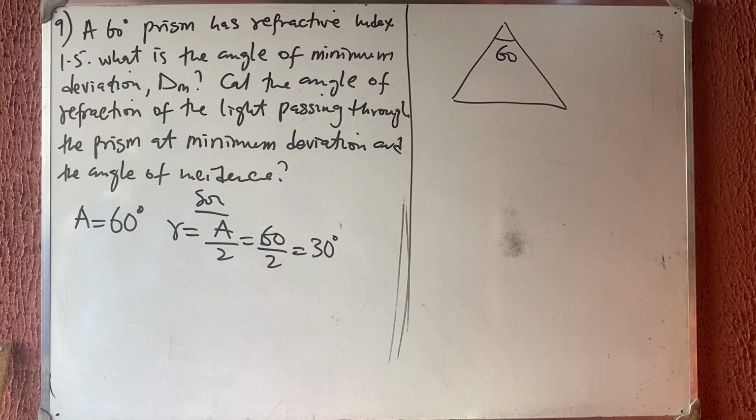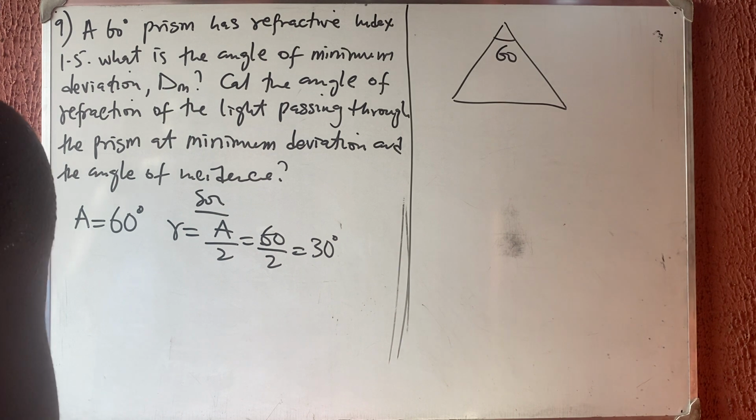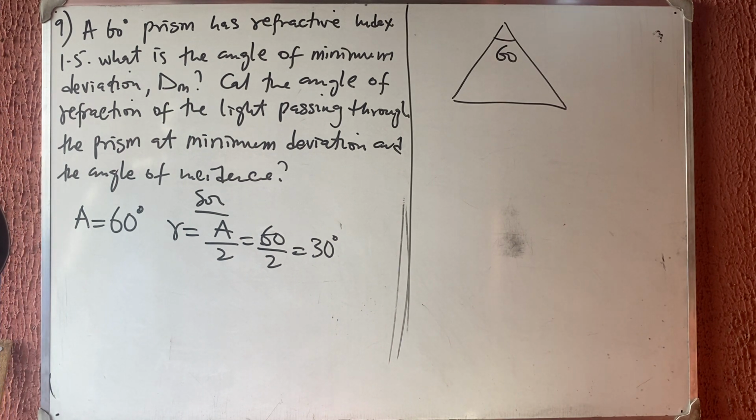Now since you have this, they said we should calculate the minimum deviation. How do we calculate the minimum deviation? They also asked us to calculate the angle of refraction of the light passing through the prism at minimum deviation and the angle of incidence.